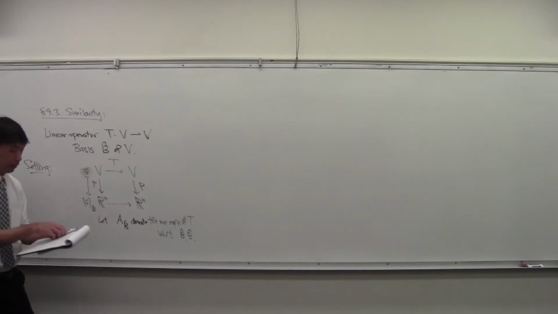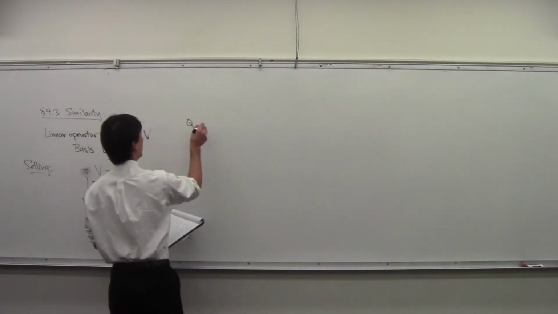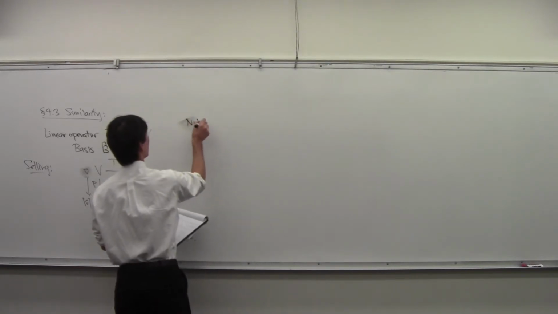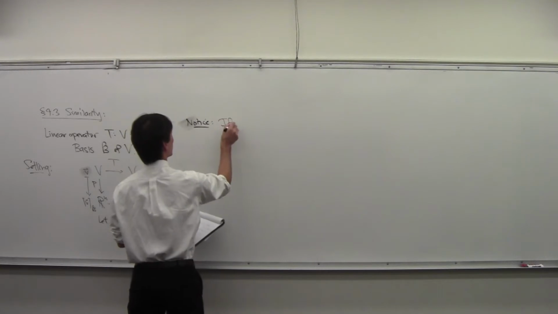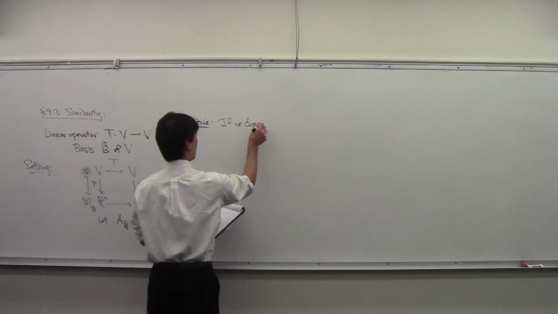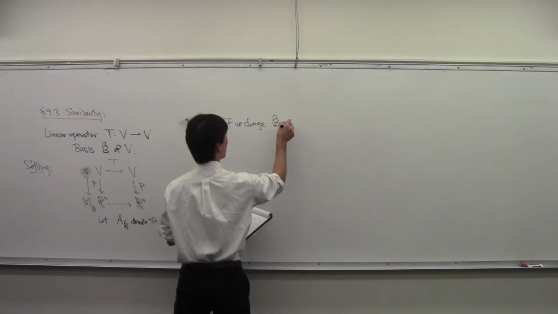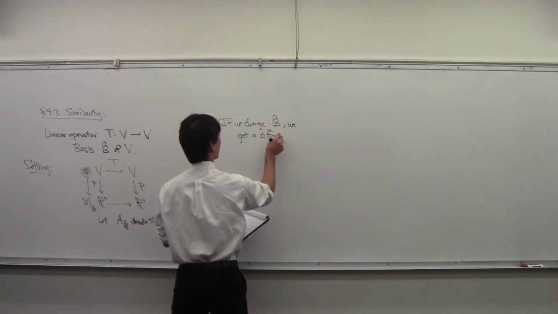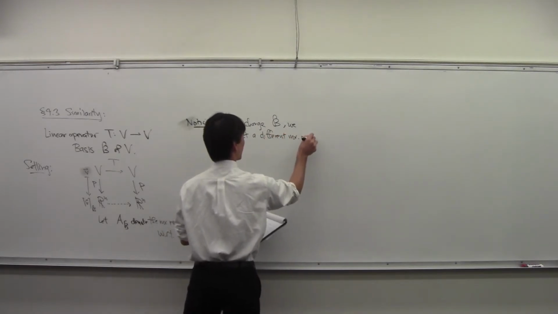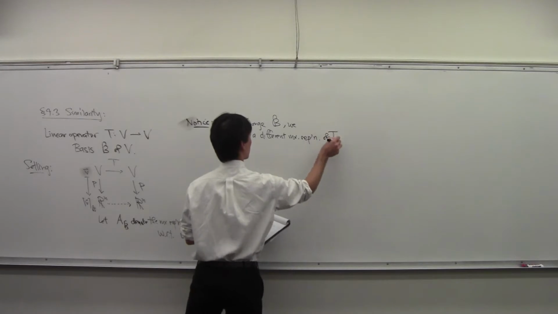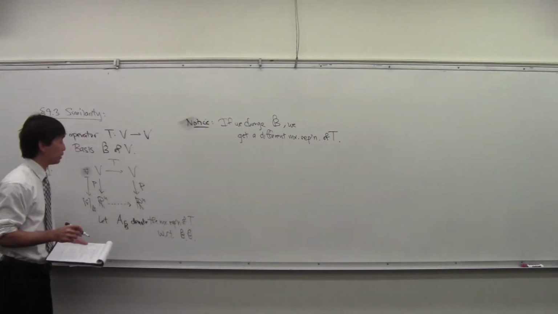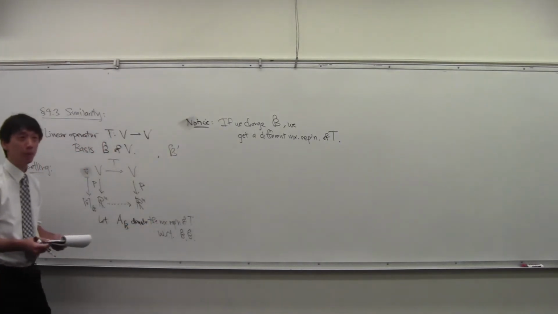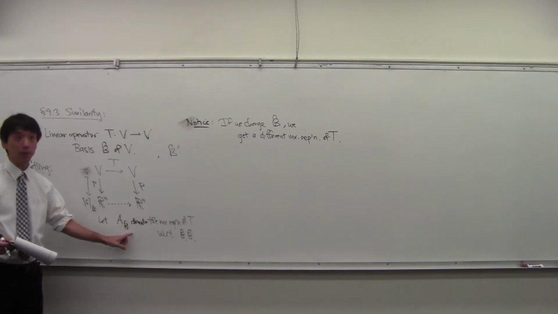Okay, and we'll ask the following question. Notice if we change the basis B, we get a different matrix representation of T. Suppose you have another basis B prime of V, then that would give you a different matrix representation.